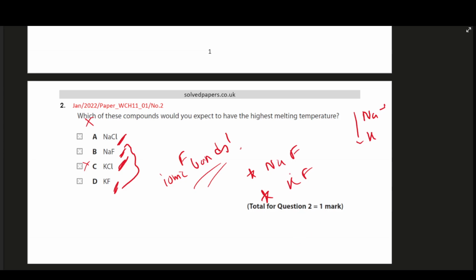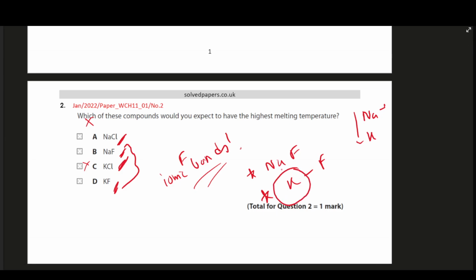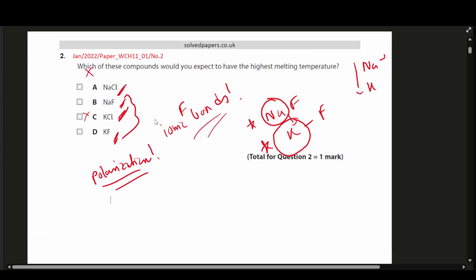Yes, exactly. So what is happening? This has a larger ionic radius, and this has a smaller ionic radius compared to this. Now, what are the rules of polarization?